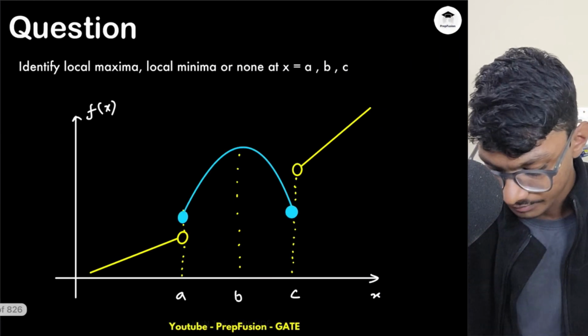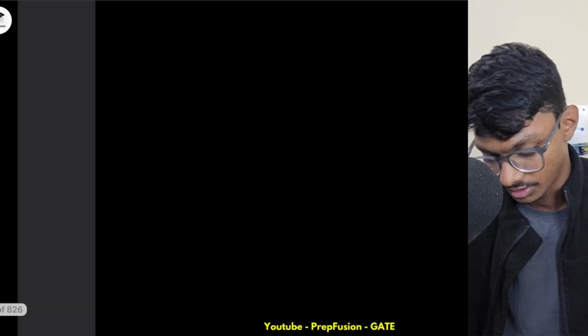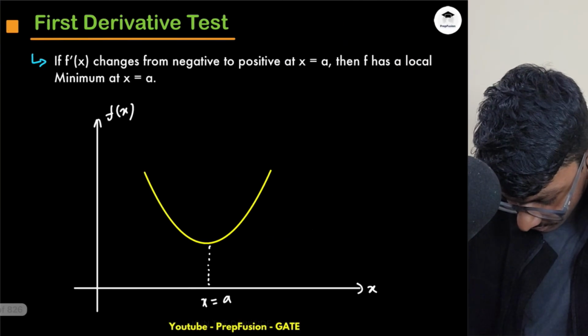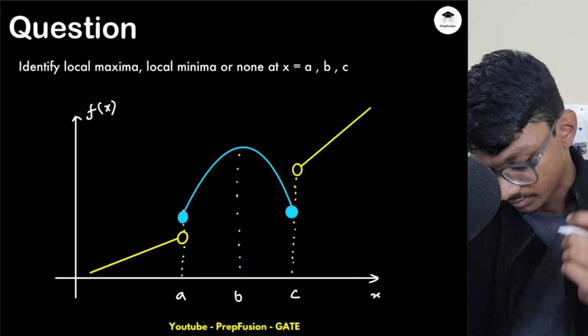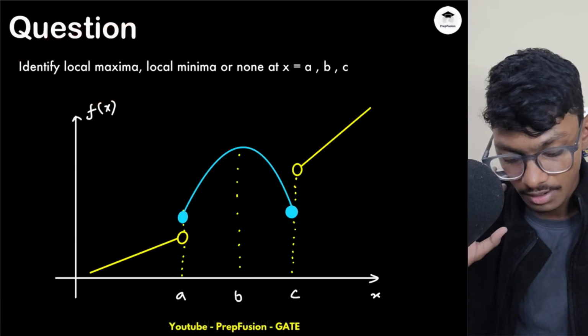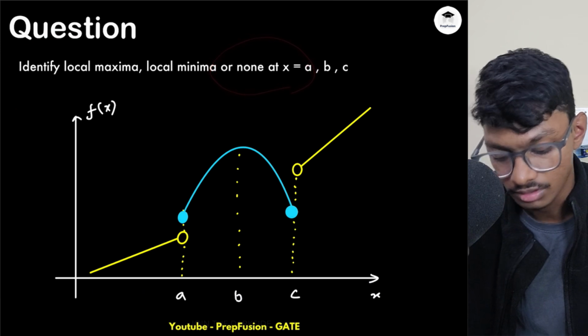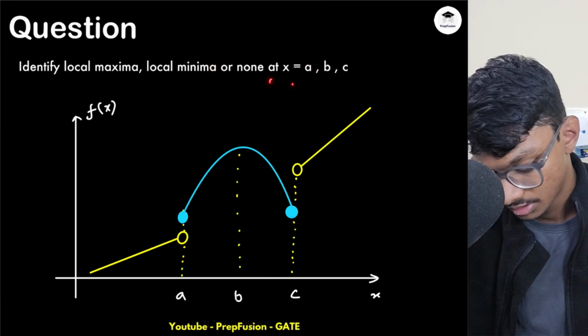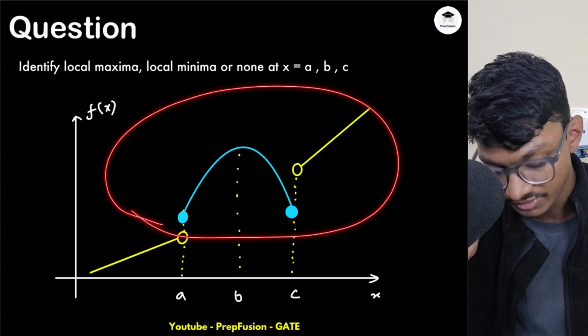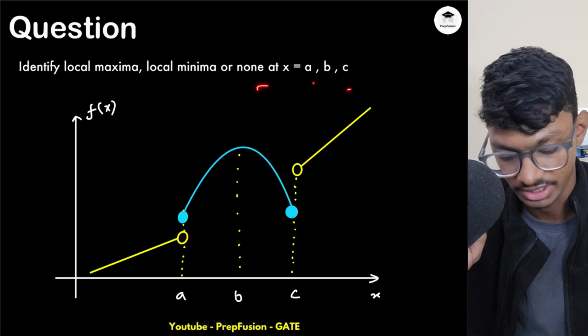Okay, so then the question is, I have forgotten to write the question number up here. That is unfortunate. This one should have been a question. That is fine, we will miss a question. Identify the local maxima, local minima, or none at x equals a, b and c.